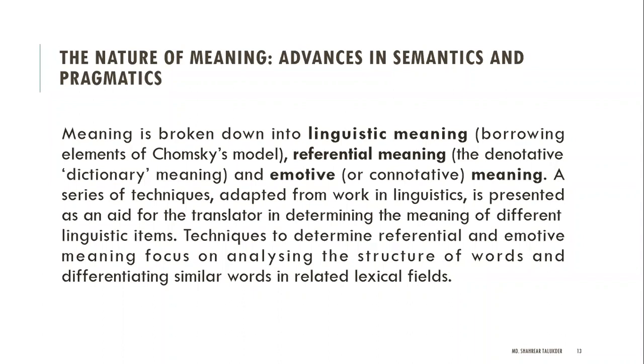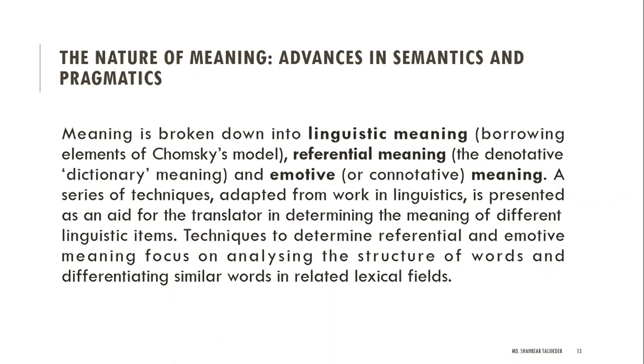All right. So in the referential and emotive meaning, we focus on analyzing the structure of words. When you want to talk about referential and emotive meaning, you have to deal with the structure of words, especially the morphological analysis. Here we're talking about prefixes and suffixes, and also infixes.